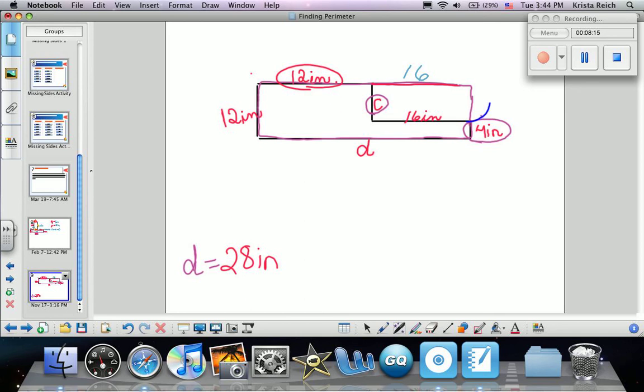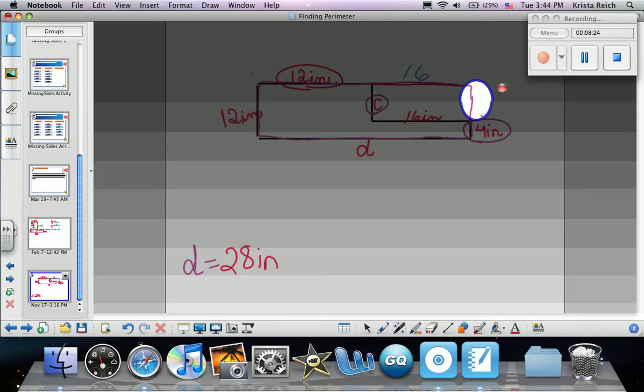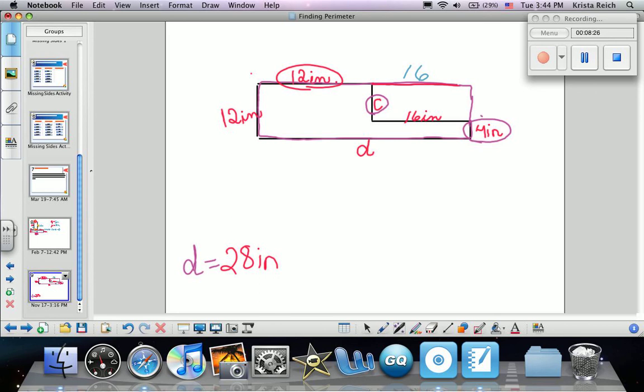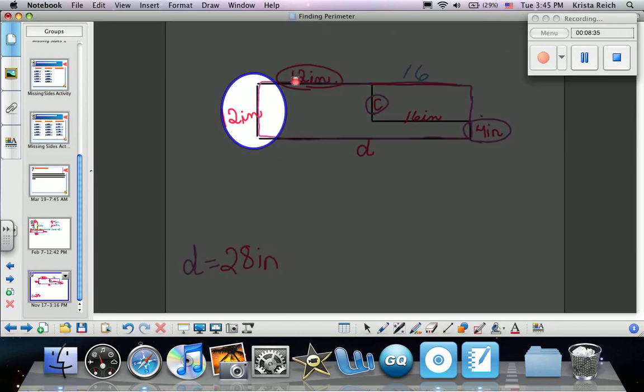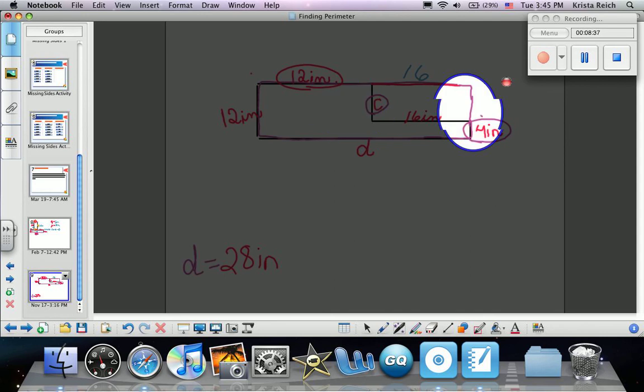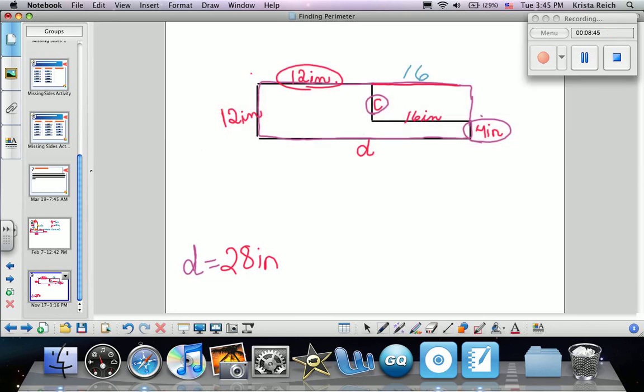That's my missing part, and that corresponds with this C over here. So how would I find that? Well, it's going to have something to do with this guy over here. This side corresponds with this side. So if this is 12 inches, then this side must be 12 inches.